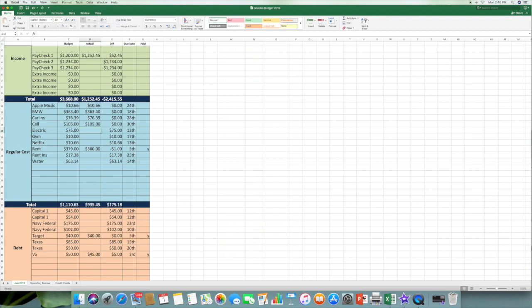My electricity varies. So, for example, say I'm sitting here and I pay it on the 12th when I get paid. Then I would put in what I actually paid. So if it was $82, then you see I'm over by $7. If it was $72, then you see I'm under by $3.